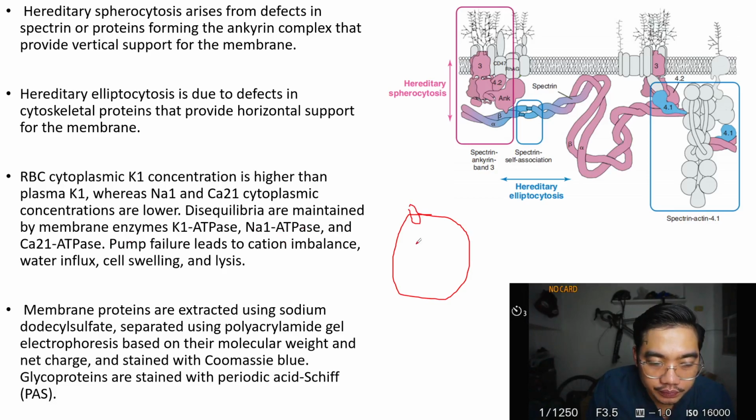So what will happen is your sodium is in higher concentration outside; there is only a little sodium inside. Your potassium is in high concentration inside, and your potassium outside is smaller. Your potassium wants to go out to achieve equilibrium. So what is equilibrium?